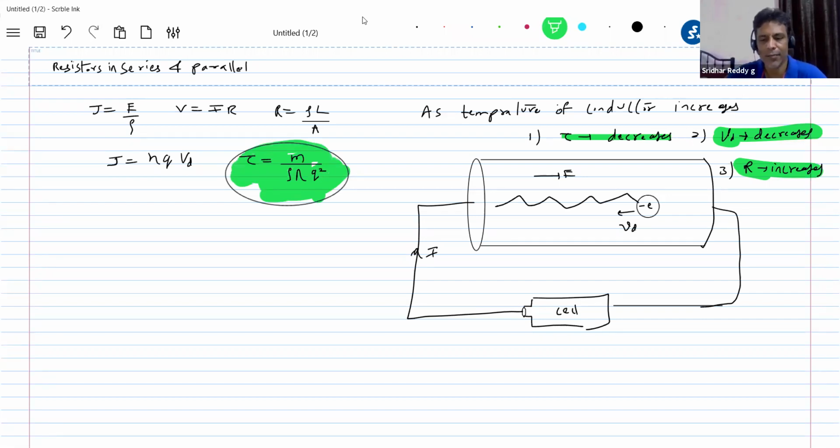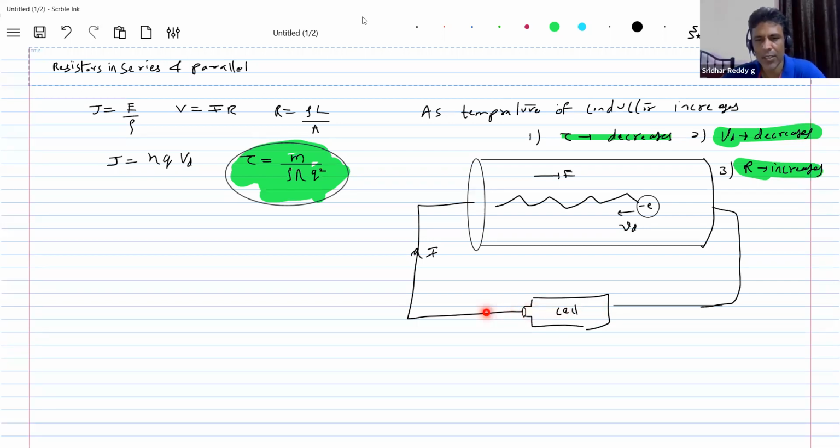Okay, let's come back to the cell. What will happen to the electron? The cell does positive work, no? Because of that, the positive charge inside the cell will get energized by the cell. It will get enough energy.